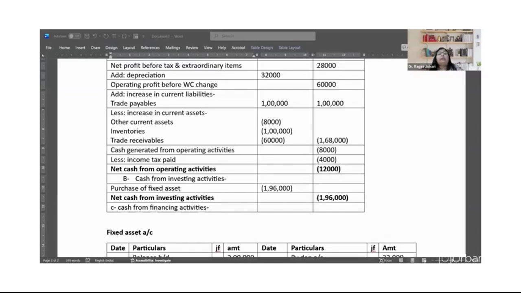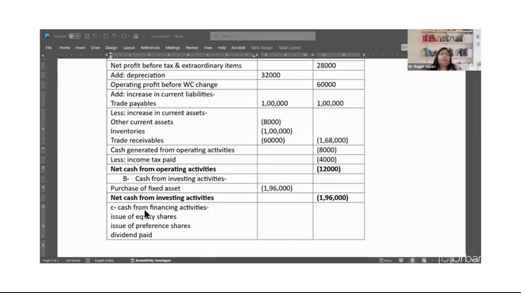We have issued the equity shares, the company has issued preference shares, and company has paid dividend. So we are now on the third part, that is cash from financing activities, and we have three heads under this. Issue of equity shares, and issue of preference shares.